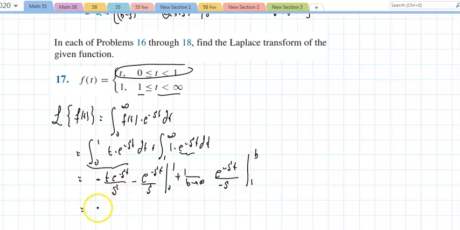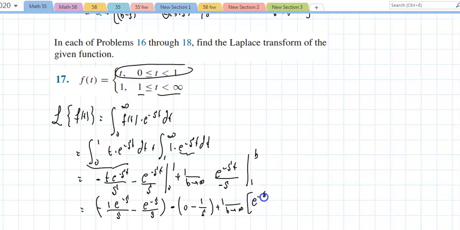That would be negative 1 e to the negative s over s minus e to the negative s over s minus, when you throw 0 in, that's 0 minus 1 over s, plus the limit as b approaches infinity of e to the negative sb over negative s minus, when you plug the 1 in, e to the negative s times 1 over negative s.